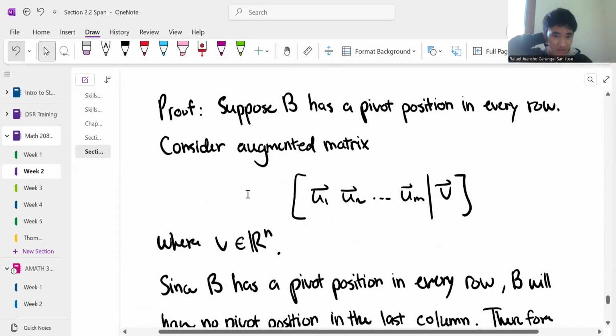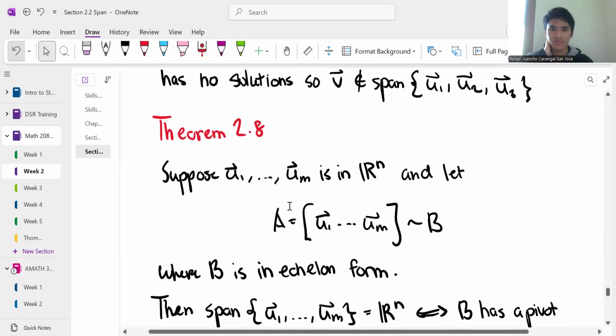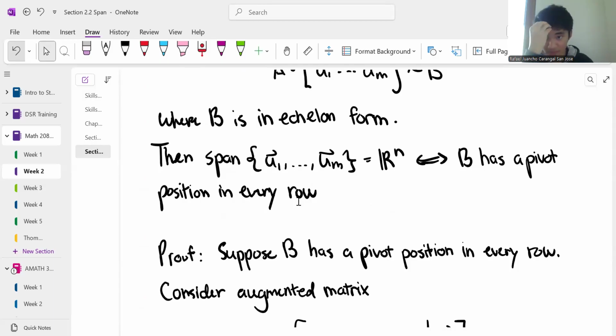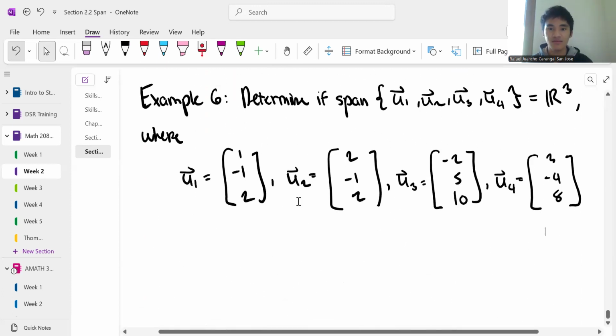So based on that theorem that we did here, we want to put this in echelon form, say B, and check if we have a pivot position in every row. So we have to have a pivot position in every row. Okay?